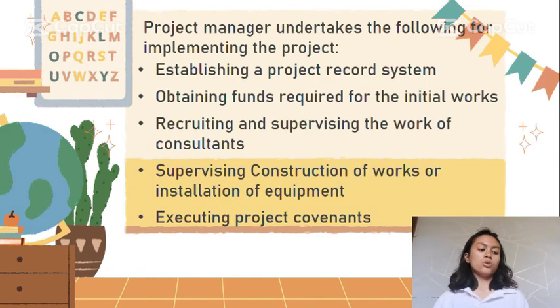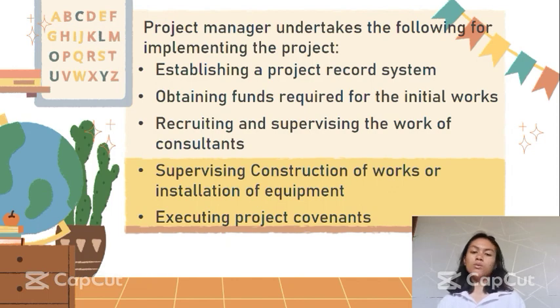The other one was establishing a project record system. The project manager must set up the active project records and administrative files. Second one is obtaining funds required for the initial works. The project manager should ensure that funds are available for immediate disbursement before undertaking any work that will entail financial commitment.